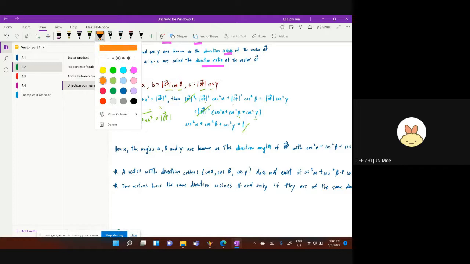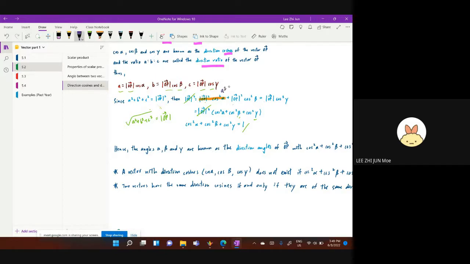So this OP square cos square alpha comes from a square, this comes from b square, and this comes from c square. Take out the OP and cancel the OP, so you'll get 1.